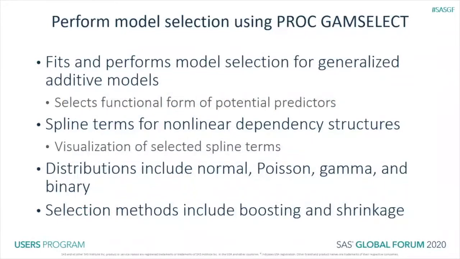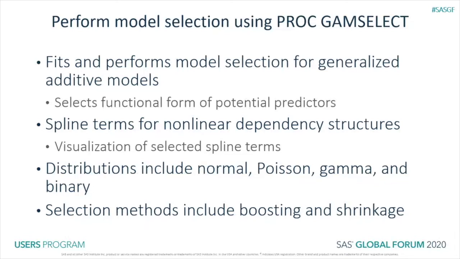So let's talk a little bit about GAMSELECT. As I stated, it is for doing model selection, but it specifically works on splines instead of working on the individual parameters. So what happens in GAMSELECT is you do not have to specify the functional form of the potential predictor variables. GAMSELECT will figure that out for you. So the spline terms are used to determine that nonlinear dependency.